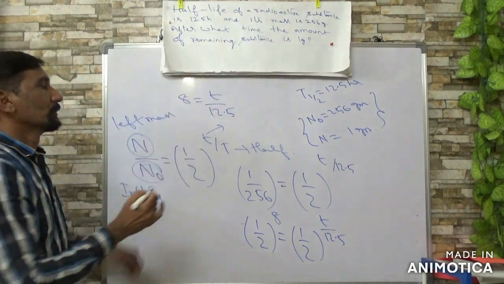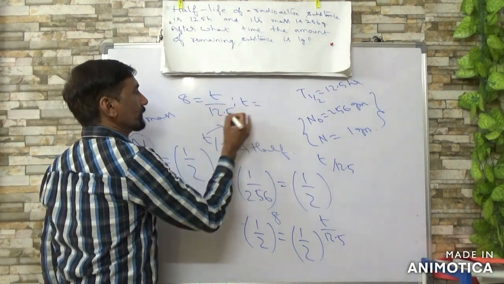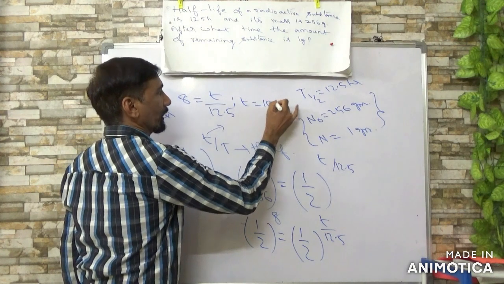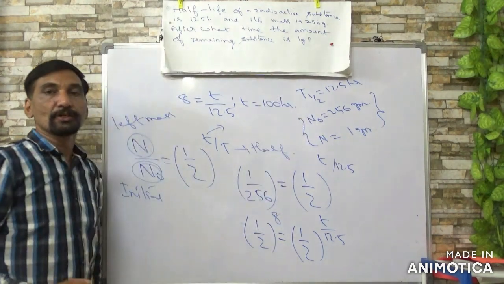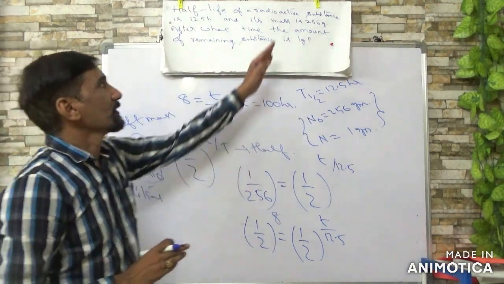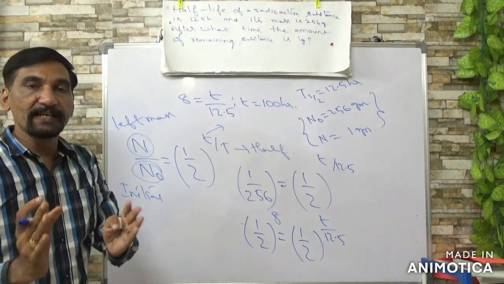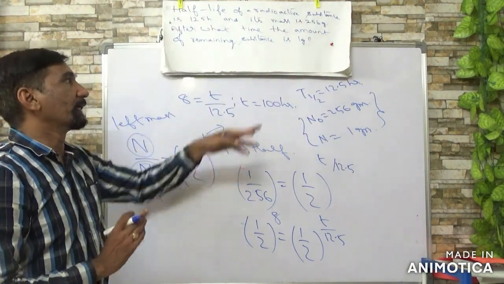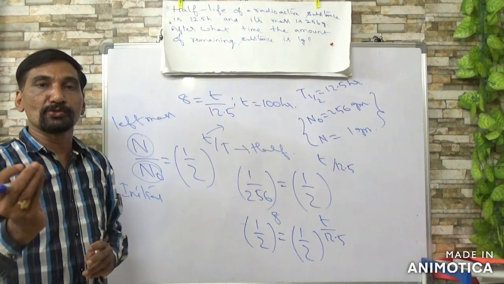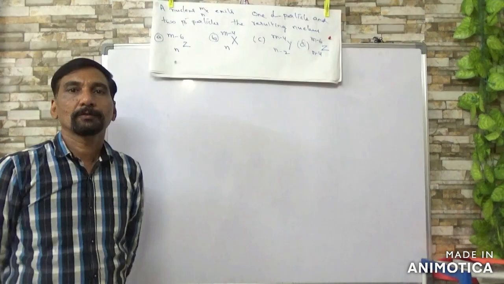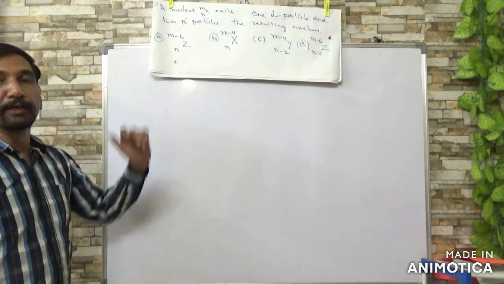So time taken is 100 hours. That means 256 grams of a radioactive sample takes 100 hours to disintegrate so as to leave only 1 gram.